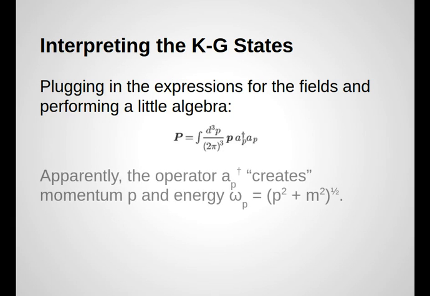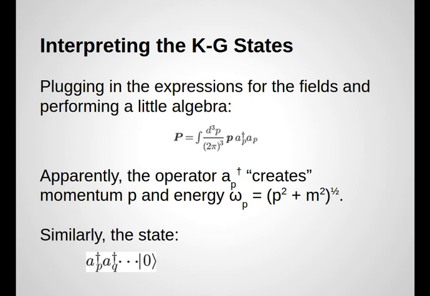So we can infer that this operator, this a_p dagger, is creating momentum p. And that p, because we're dealing with relativistic objects, gives us the energy through the normal special relativistic dispersion relation.